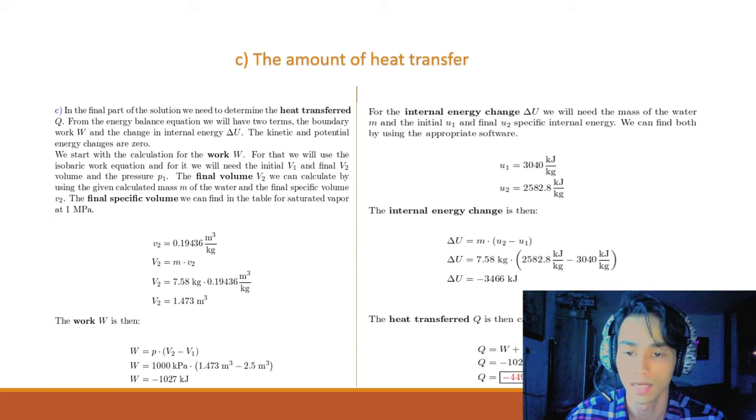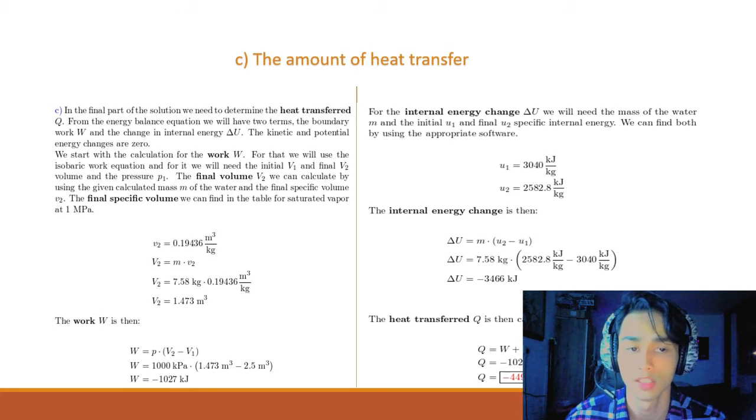So we put the mass of water and the final specific volume, and we get the answer for final volume, which is 1.473 meter cubed. After that, we have to calculate the work, for which we use the formula work equal to P times (V2 minus V1), and we get the work is negative 1027 kilojoule.